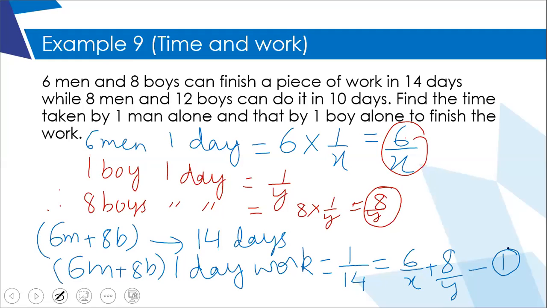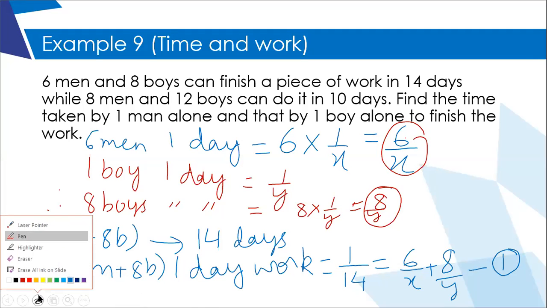Similarly, you will generate equation 2 with the second statement, which says 8 men and 12 boys can do it in 10 days. Can we write 6/x plus 8/y is equal to 1/14? That only. I didn't have space, so I've just written the left side afterwards. You will write that way only: 6/x plus 8/y is equal to 1/14.